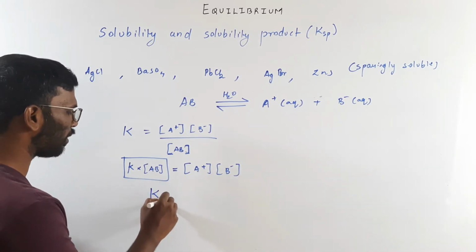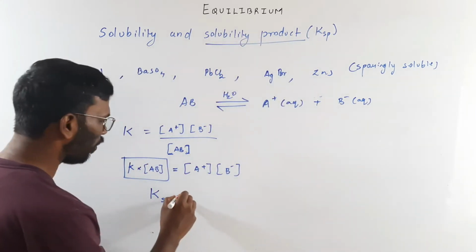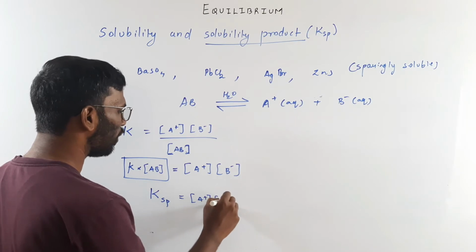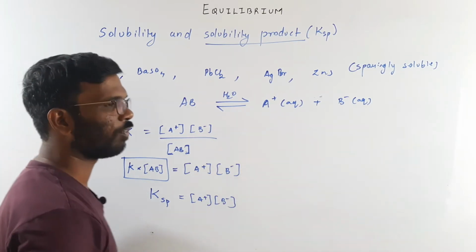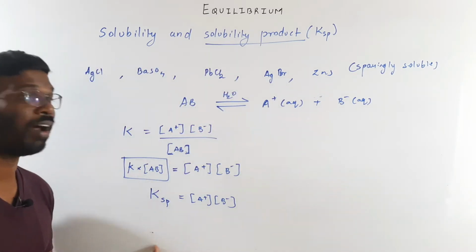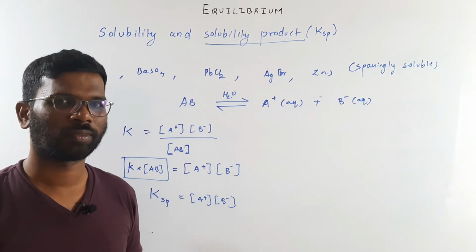This is called Ksp, the solubility product, which is equal to the concentration of A+ times the concentration of B-. This is the definition of the solubility product. The solubility product tells how much of the salt is getting dissociated.